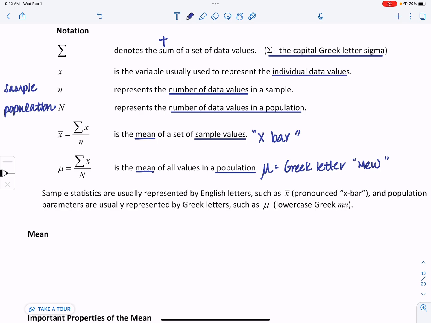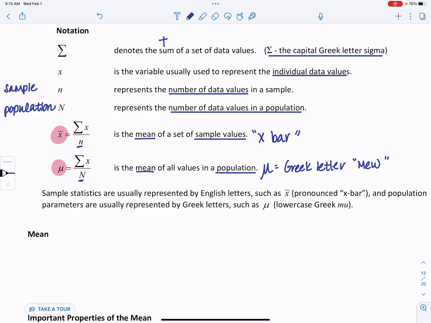Now notice our two mean formulas look very similar. The difference is that for the sample mean, we use the sample size, and for the population mean, we use the population size.